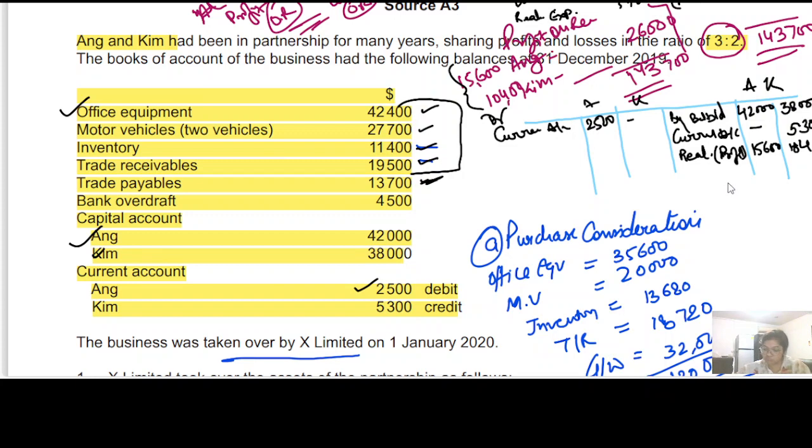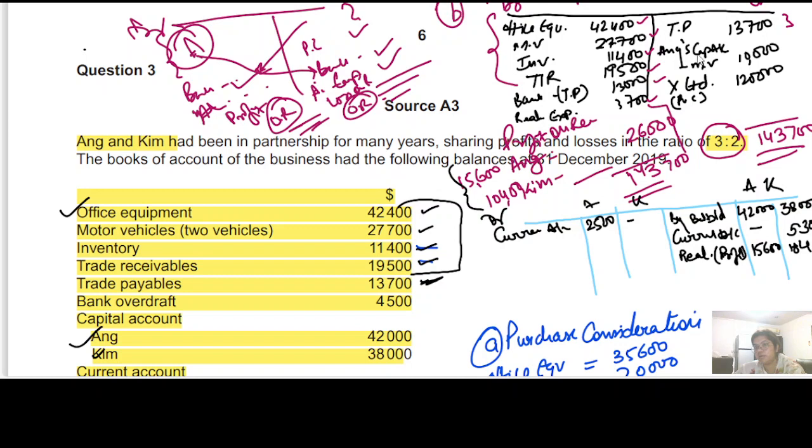Yes, and one more thing is that one asset is taken by Ang. Here we record it this way, 10,000. So we record the motor vehicle which is taken by Ang, 10,000 on this side.